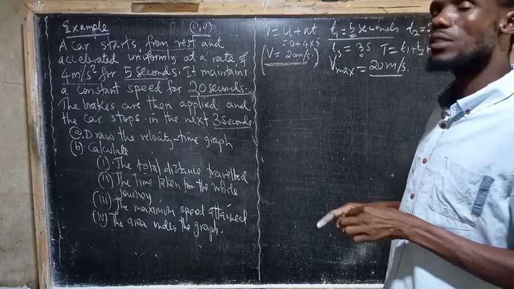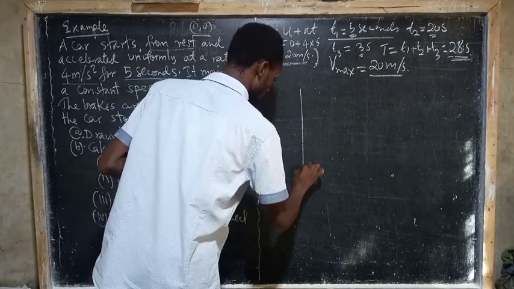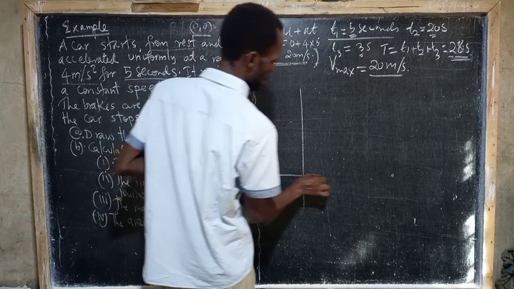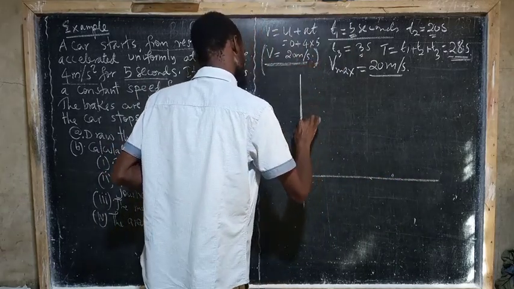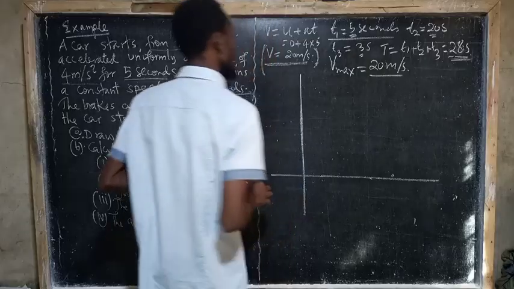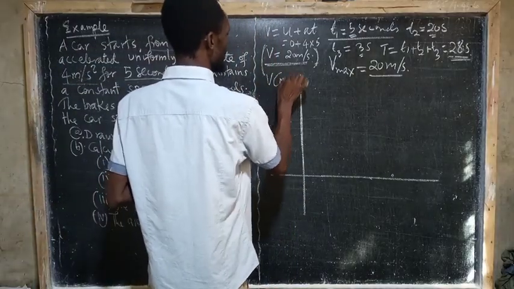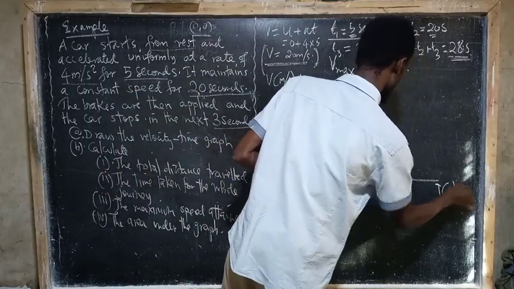Then to draw the velocity time graph, consider this one. When you are drawing, this is the velocity in meters per second. Remember to write that this is time, in seconds.